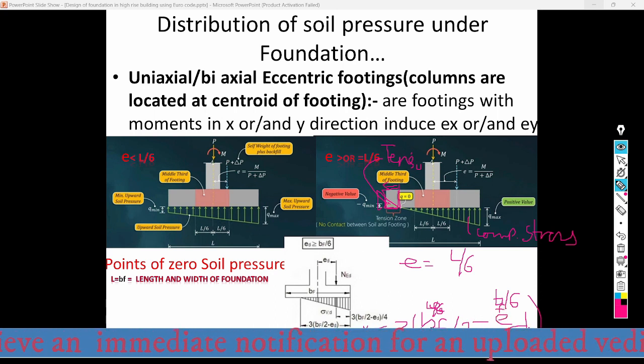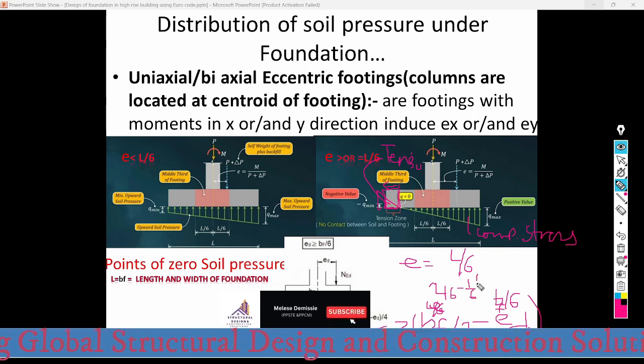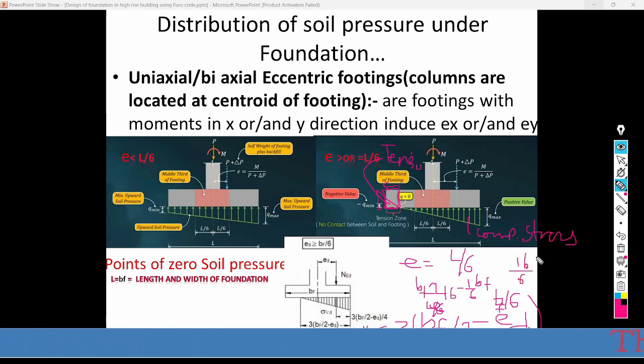Then this one is 2 over 6 minus 1 over 6, that is BF, and this one is BF. How much is it? 1 over 6 BF, times 3. So BF over 2. So x equals BF over 2.